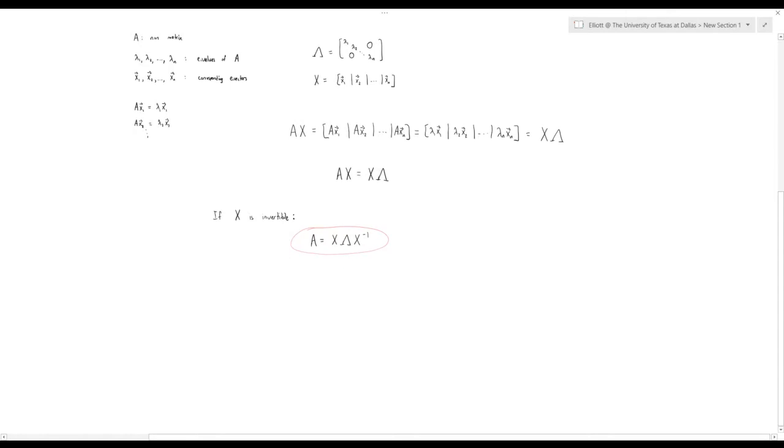So we have a word for when a matrix can be factored like this using the eigenvalues and eigenvectors.